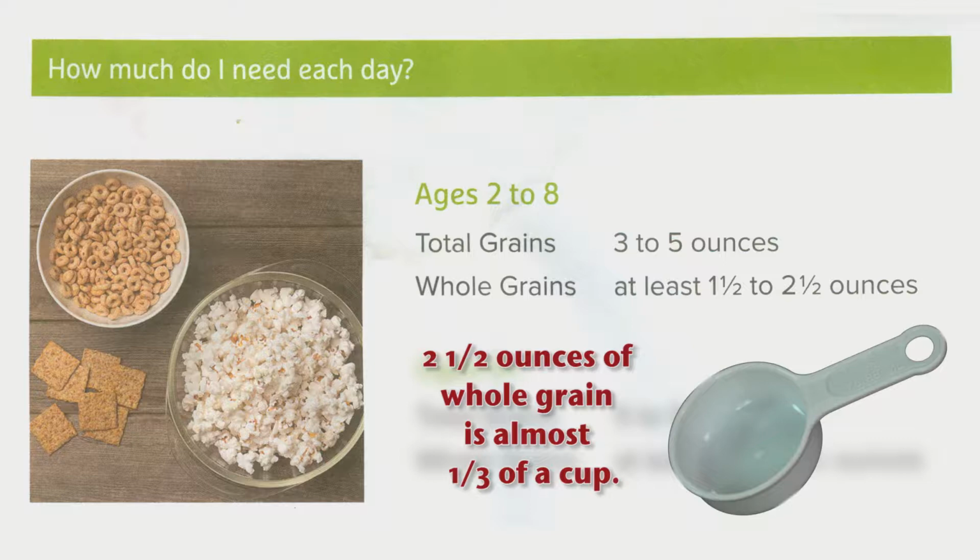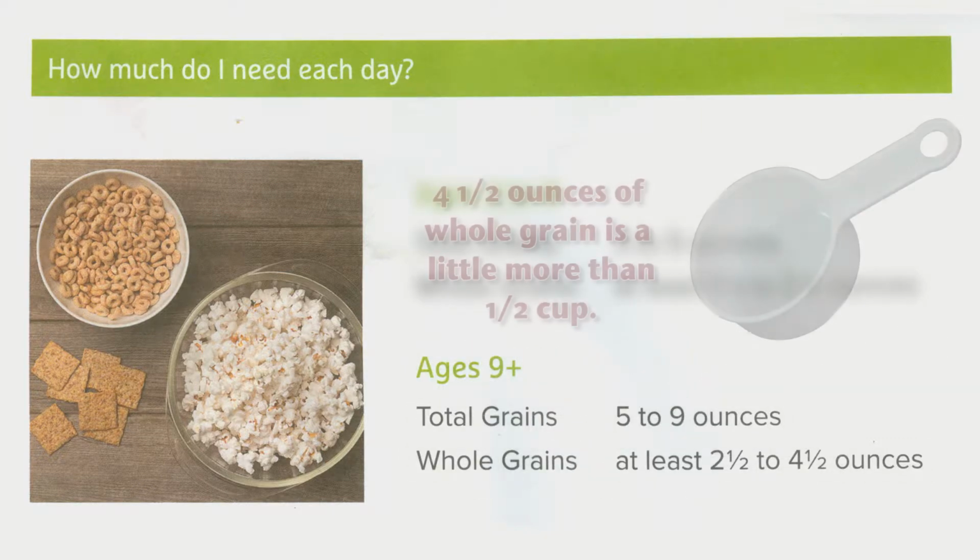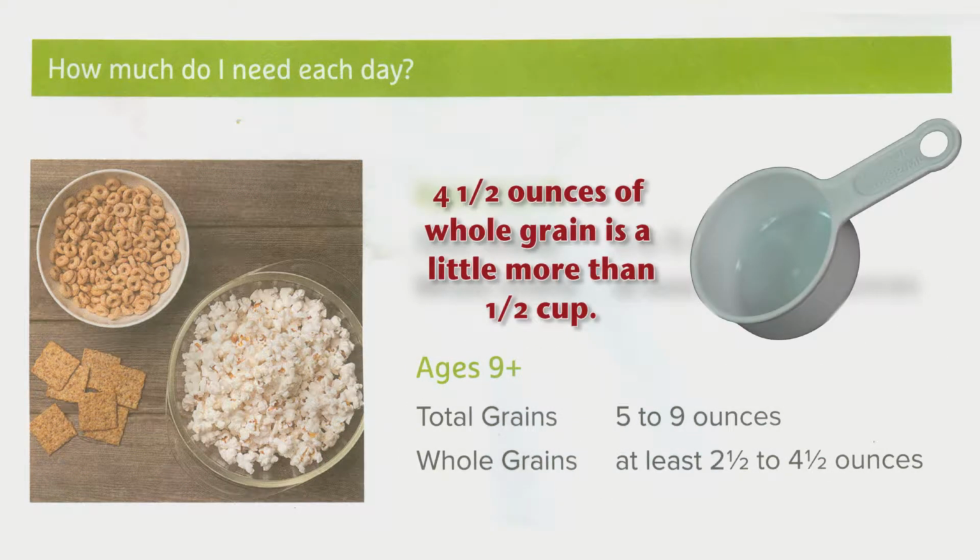For whole grains, we want to make sure that at least half of that is whole grains, so at least 1.5 to 2.5 ounces. For ages 9 and up, we want to be consuming a total of 5 to 9 ounces daily. So half of that would be our whole grains at 2.5 to 4.5 ounces.